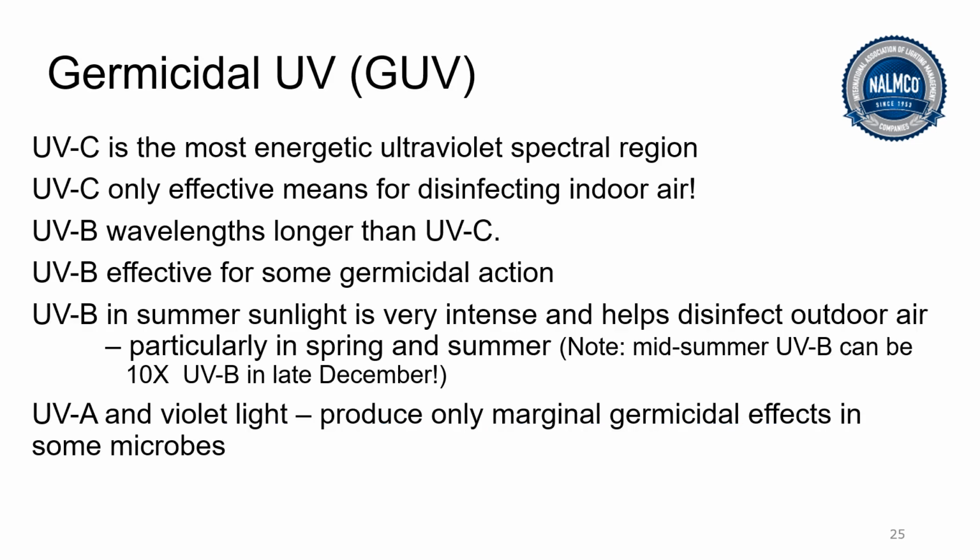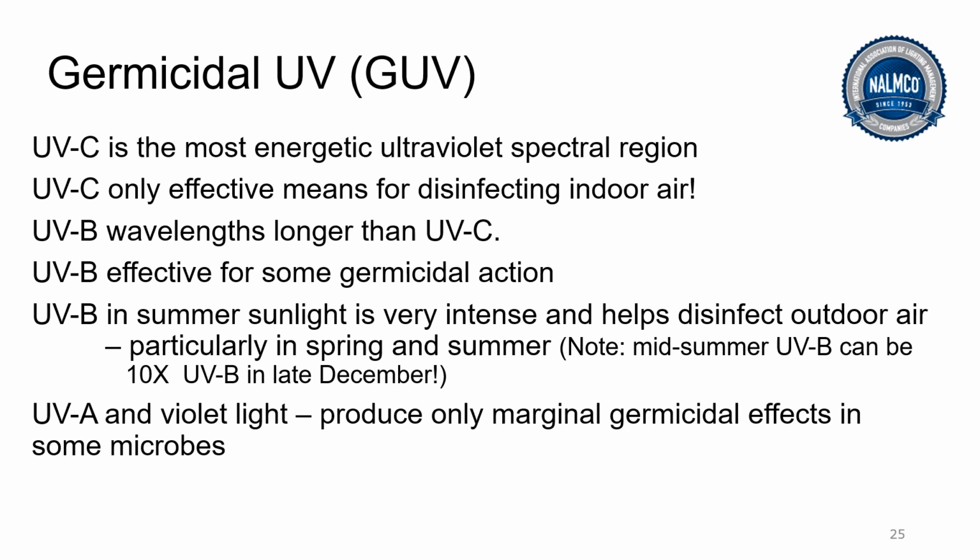So let's summarize then. UVC is the most energetic ultraviolet spectral region because the photon energy goes up as you get to shorter and shorter wavelengths. And that's why shorter wavelengths are more effective in causing not only biological harm, but also inactivation or countering some of the useful effects of germicidal UV.